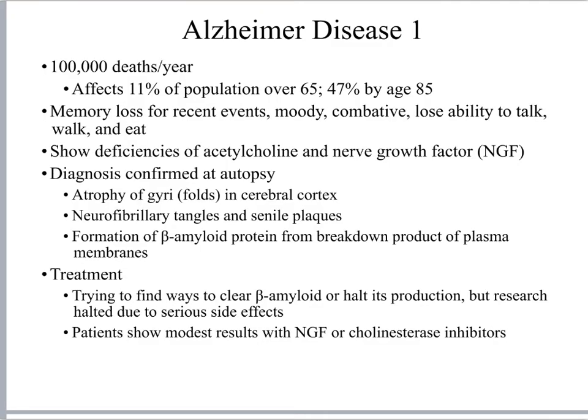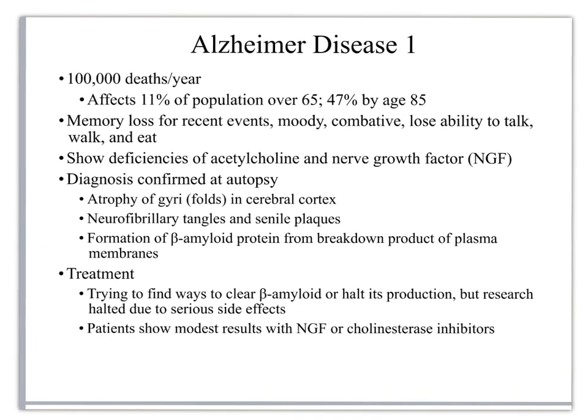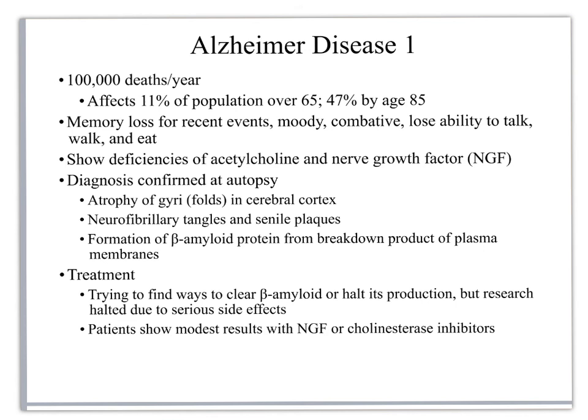All right, so this is just a note slide on Alzheimer's disease that you are welcome to study on your own, okay? I think most of us at this level are pretty familiar with Alzheimer's disease. Some key things that we're seeing is a deficiency of acetylcholine, nerve growth factor.